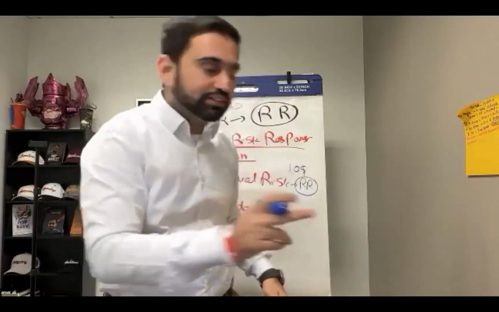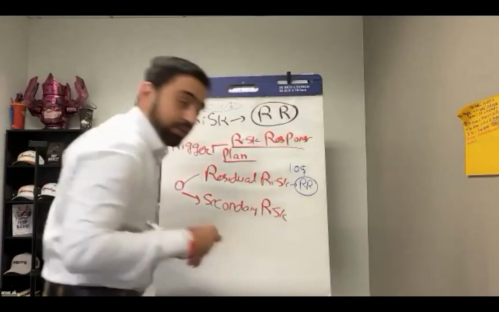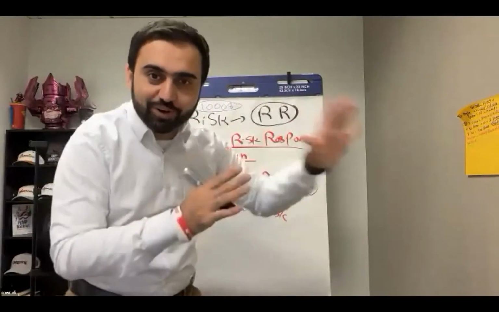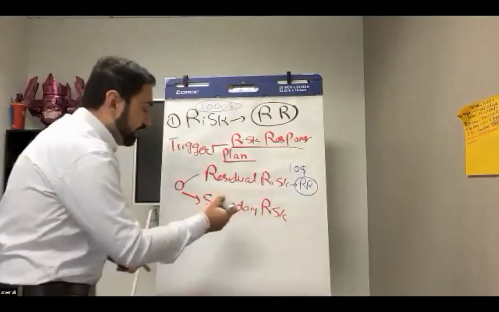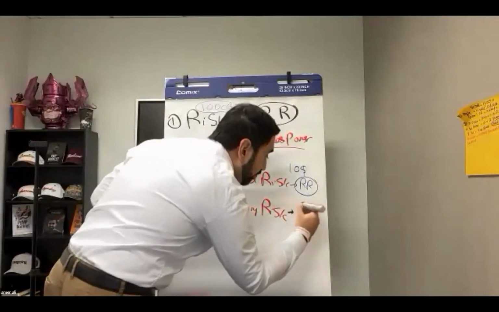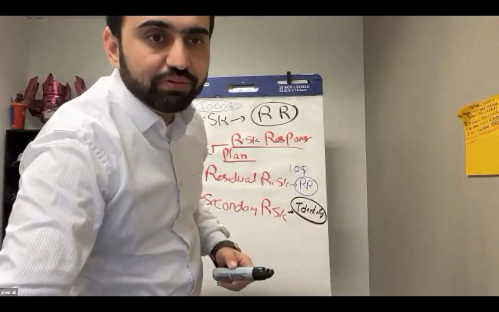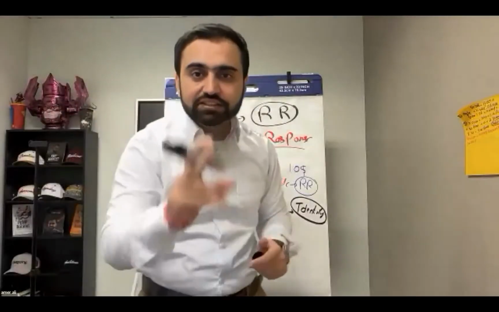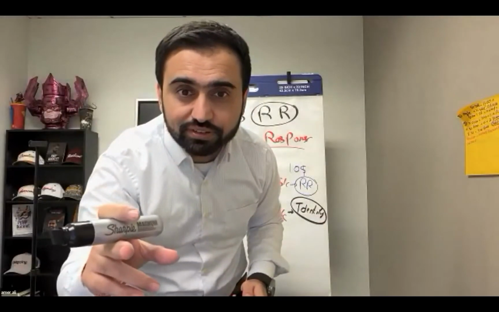Then secondary risk. Another risk is identified. Now coming to your question, Nawab, I have not answered your question yet. I'm coming to that. You identify this before happening. Anything that is identified before happening goes to the risk register.